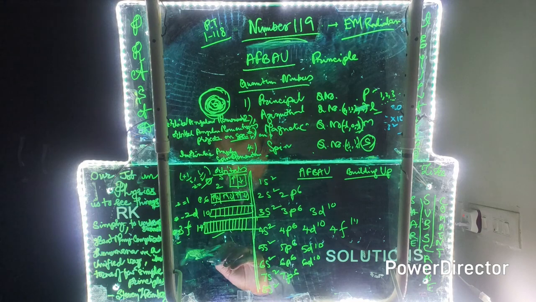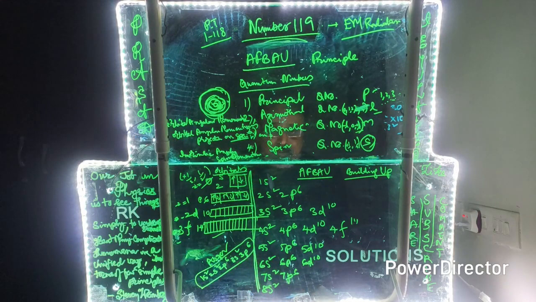Let us just take argon. Argon is 18. Let us say 1s2, 2s2, 2p6. Till here it is very clear. 3s2, 3p6. How many do we have? 10, 18. This is perfect.